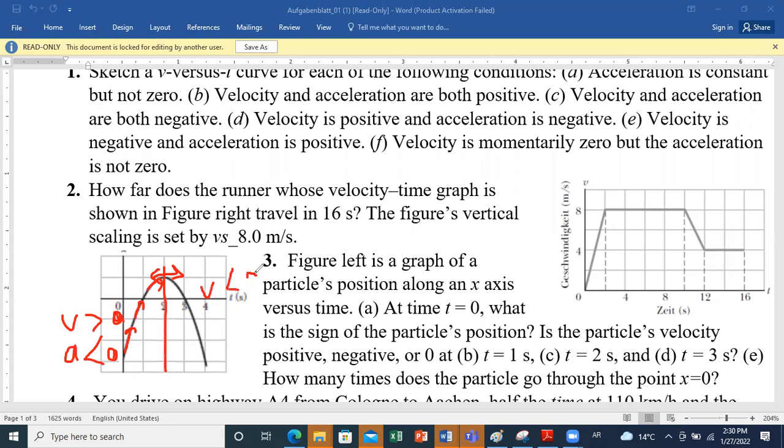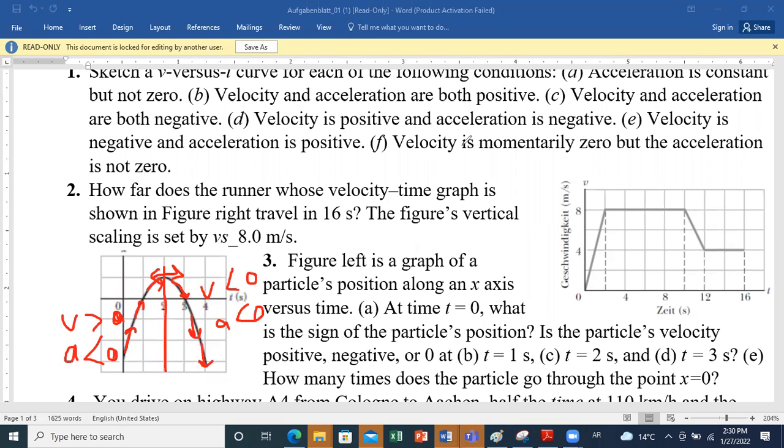A stayed constant. So it's a parabola. The value of A is constant. It will be minus something. So in the second phase, both velocity and acceleration are negative. So you have acceleration, because the velocity magnitude is increasing but in the negative direction.